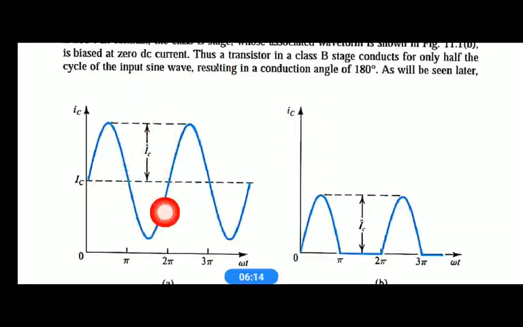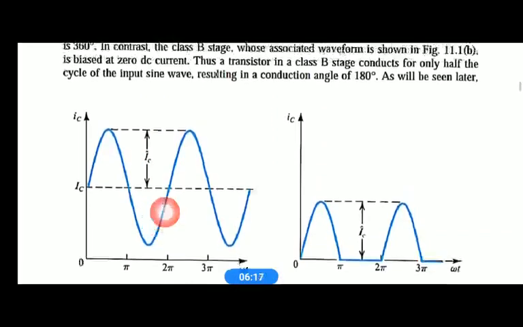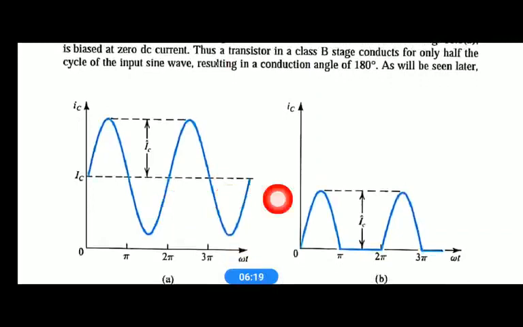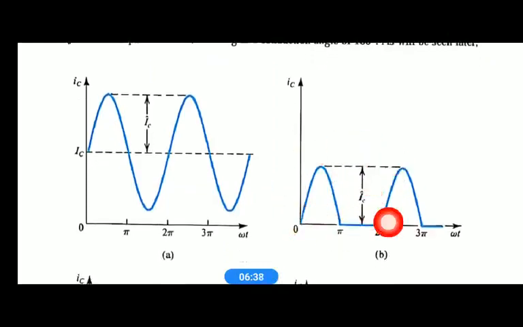then you will get the entire 360 degrees, whereas the class B stage conducts only half a cycle, which means it gives a conduction angle of 180 degrees only, either a positive half cycle or a negative half cycle. You see in figure B that the output of the class B amplifier has current for only the positive half cycle, so the negative half cycle is clipped off.